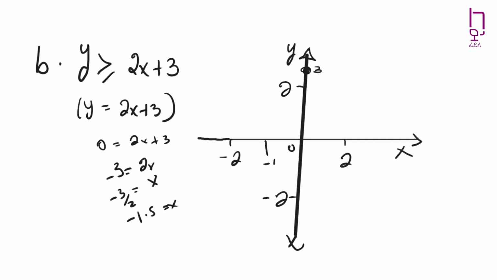If I have -1, then -1.5 is somewhere here. So here I found another point. Now when I join both points, it gives me the graph of the equation. So I'm going to label it as y is equal to 2x plus 3.